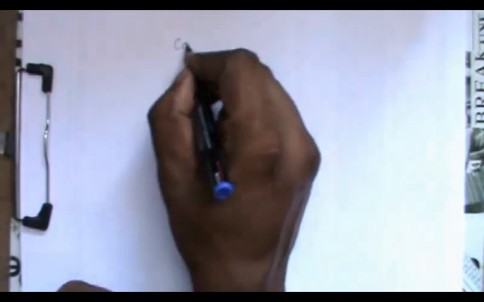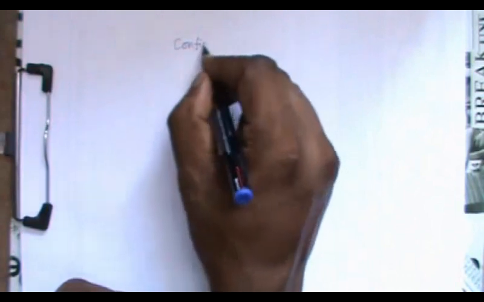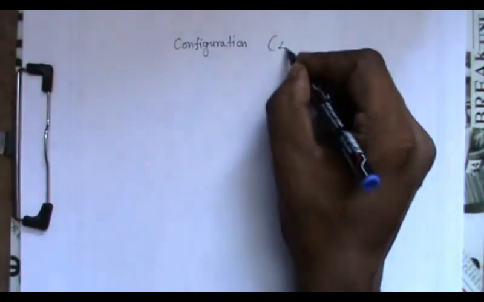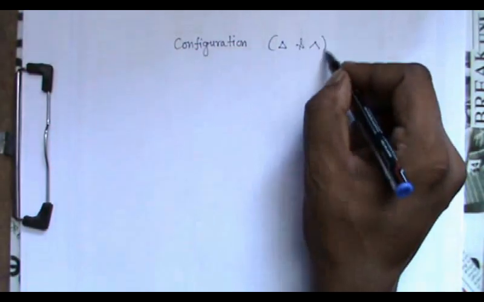Finally, we are going to discuss the configuration for optically active metal complexes. In organic chemistry, we have R and S. Similarly, for metal complexes, we have delta and lambda. So how to assign this configuration, that's what we are going to discuss.